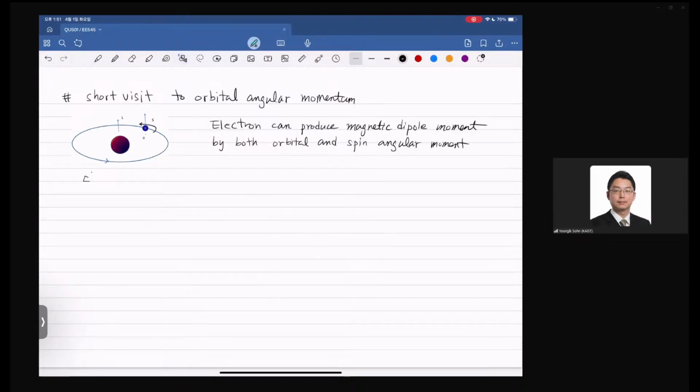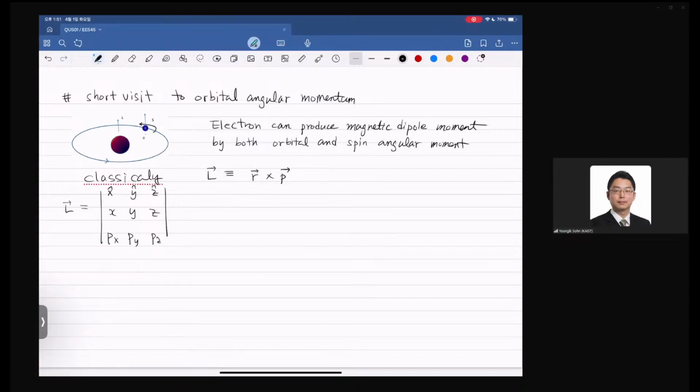So classically, L, you probably have done this calculation quite a bit. It's r cross p, right? So your position and momentum vectors, cross product, you get L. So L is defined as r cross p, okay?